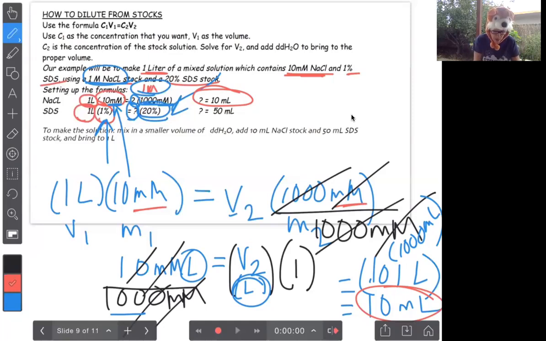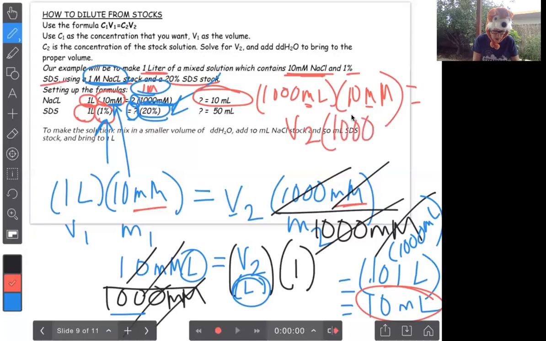So I would start with 1,000 ml times 10 millimolar, because now we're in milli, equals, and then our V2 times 100 millimolar. And then when we do the math, V2 equals 10 mil. It's much easier that way than trying to convert it down here.